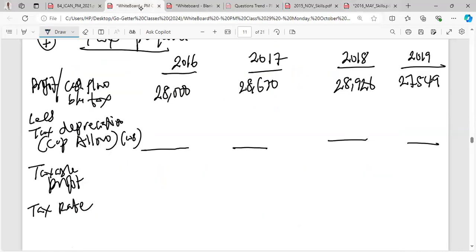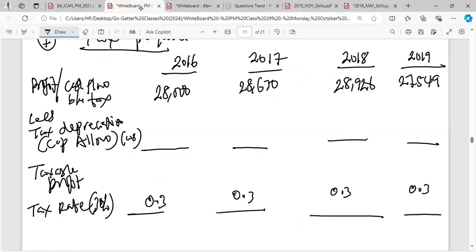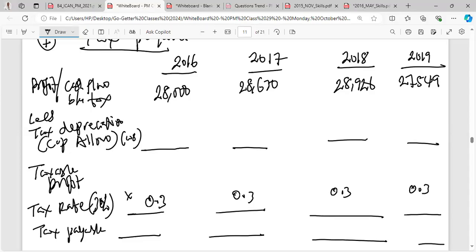So tax rate, I'll say 30%, which is 0.3 for each year. Now tax payable is simply the taxable profit times your tax rate.